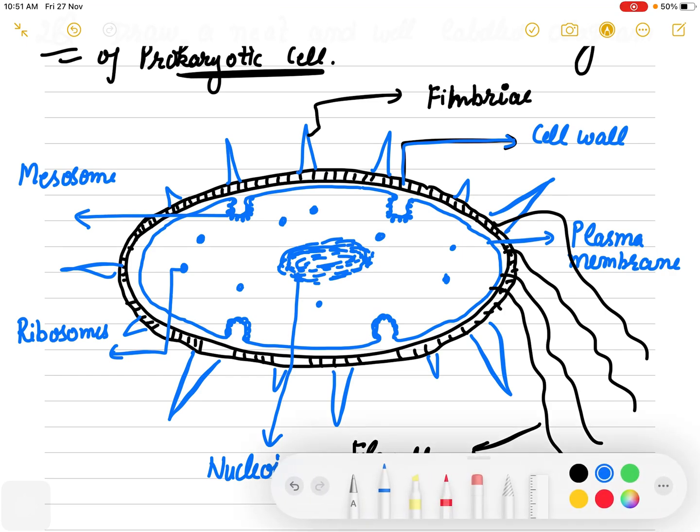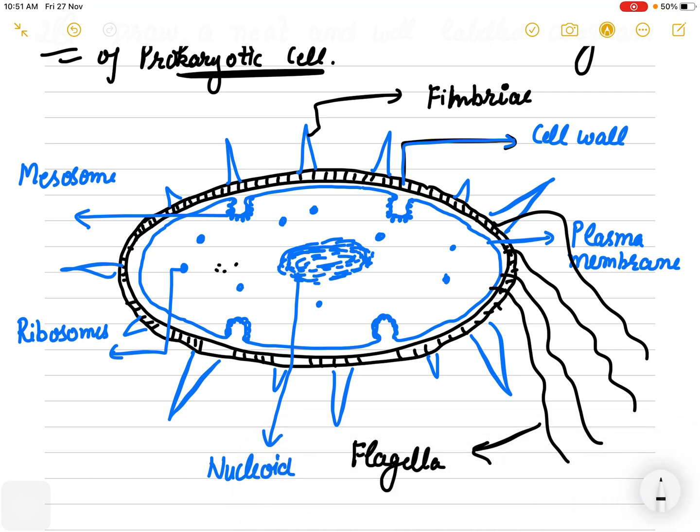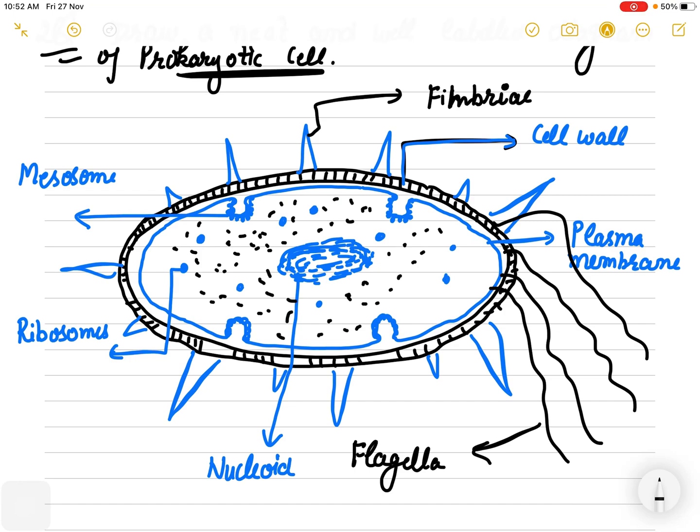And then it is completely filled with cytoplasm. Make it the cytoplasm. So this is the well labeled structure of the prokaryotic cell, or you can say bacteria, which you can draw very easily in your exam. Do you find it difficult?